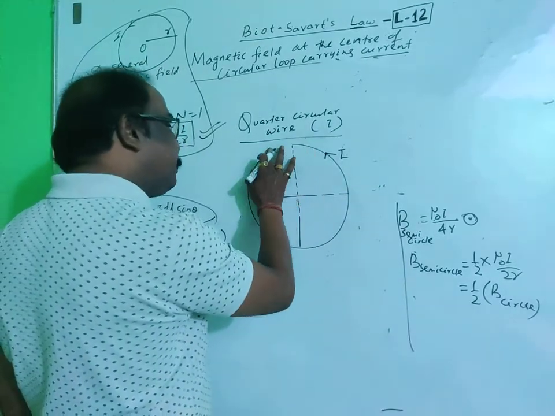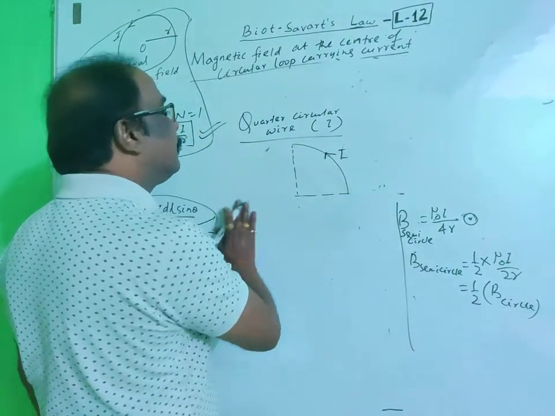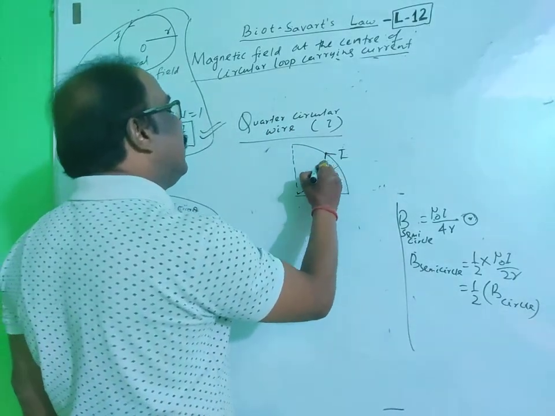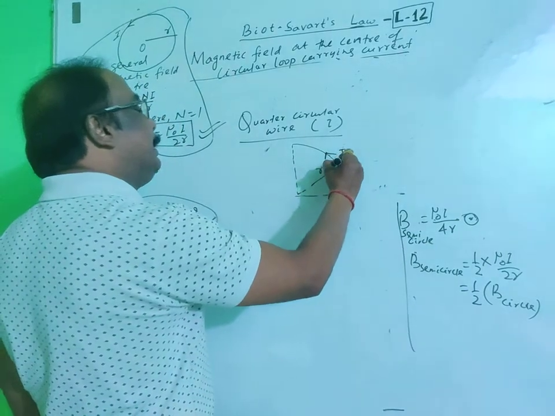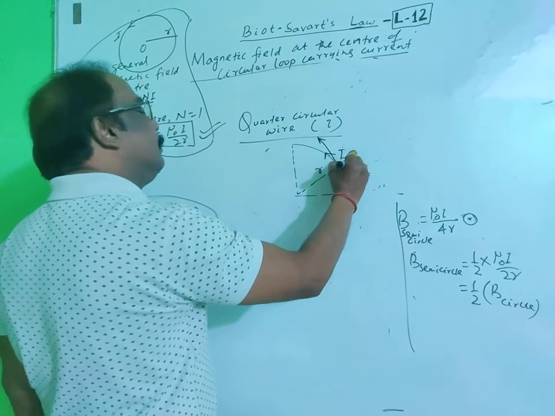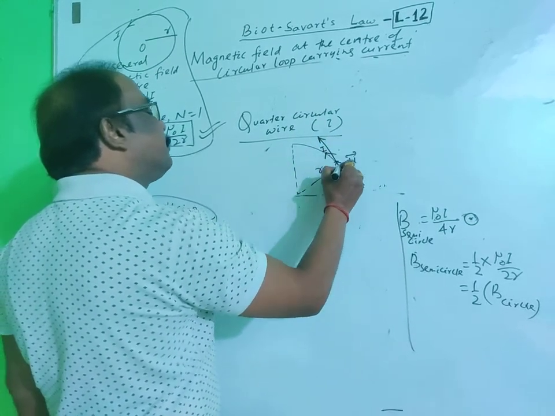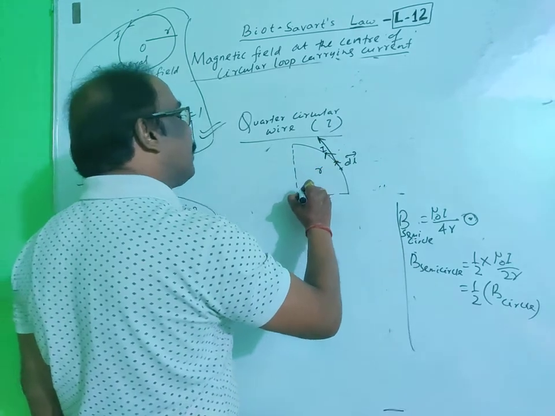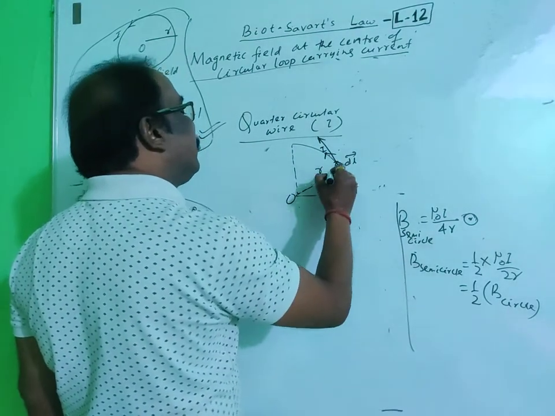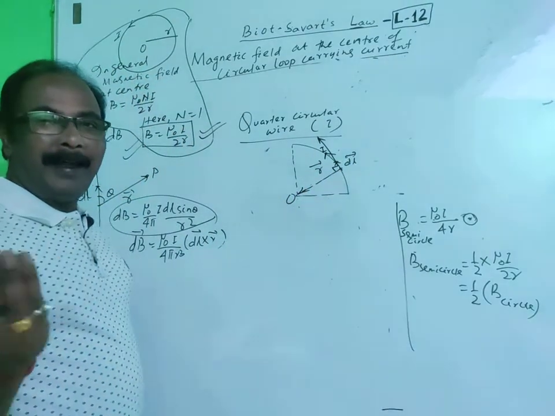Let's consider only this part, the quarter circle, and its radius is again r. If you take dl here, the direction of dl is along the direction of current, and this is r. This is the center, the direction of r, and this angle is 90 degrees.